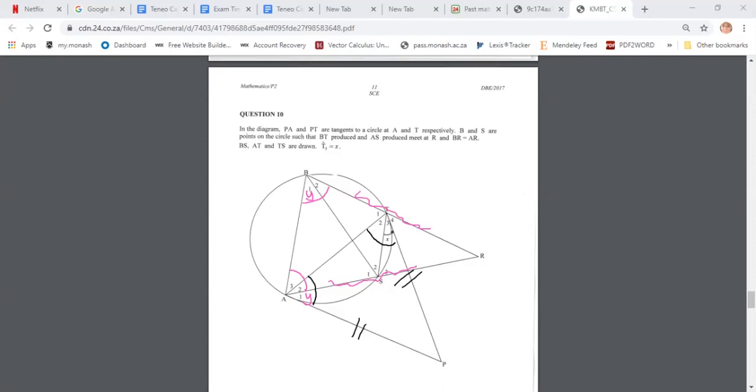And then also you have the bow tie here. Angles in the same segment. So that's also y. You see that? There's the butterfly. The tips are equal to each other. And there are other tips. That one is equal to that one, and that one equal to that one.